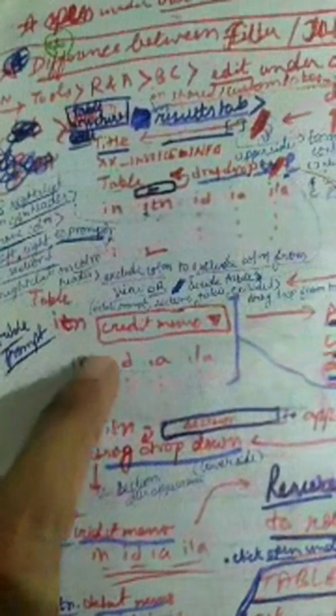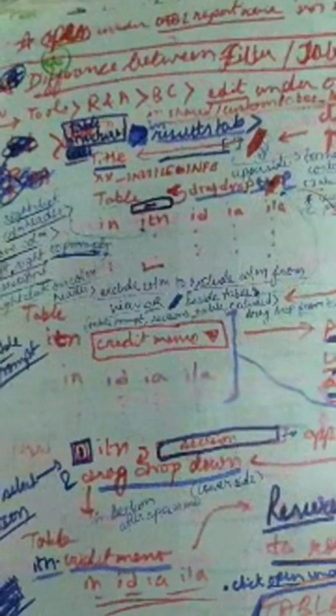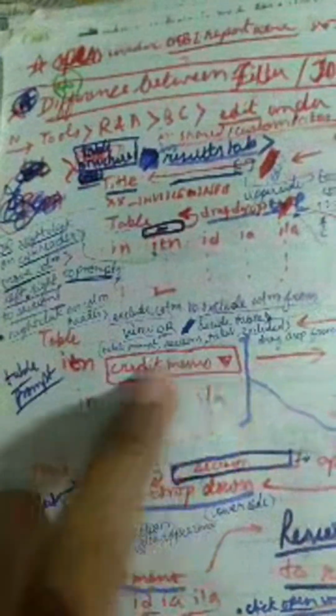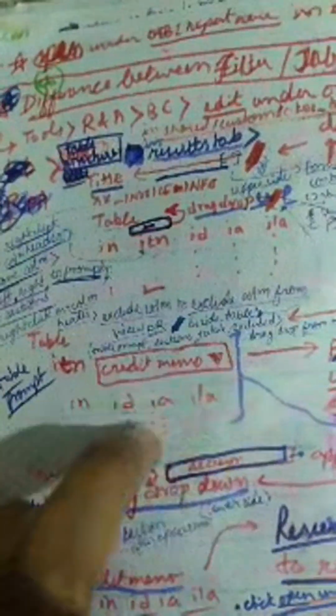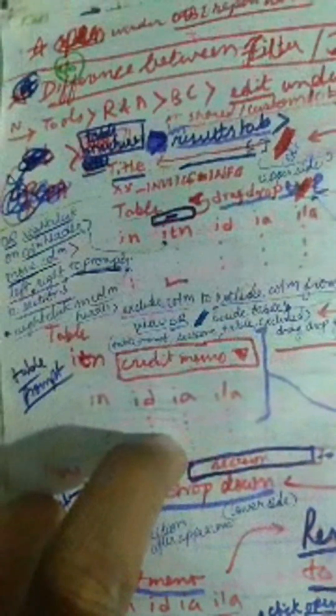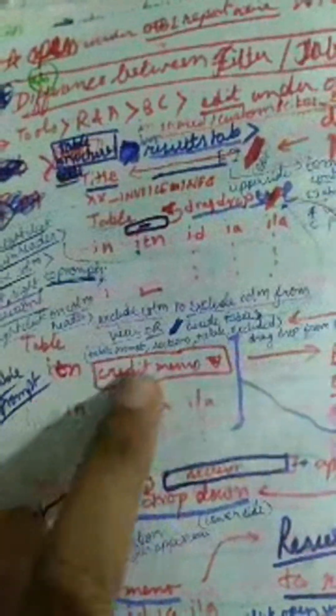In the last video I explained, once I set a table prompt in an output. Let's say I have an invoice type name, and I have set a table prompt of invoice type name as credit memo, then only that data will come. I have used either the drag drop method or move column, and I have used either standard or credit or debit memo, only that data will come.